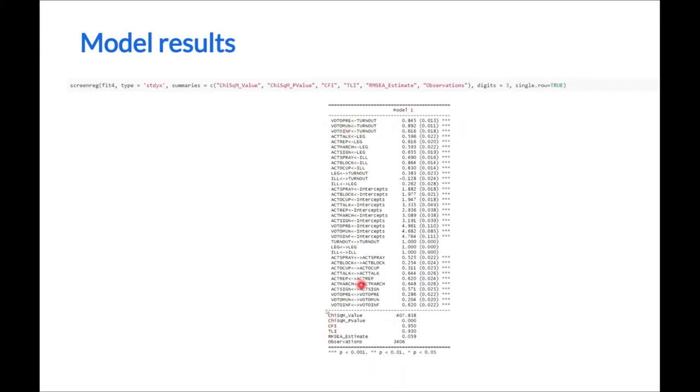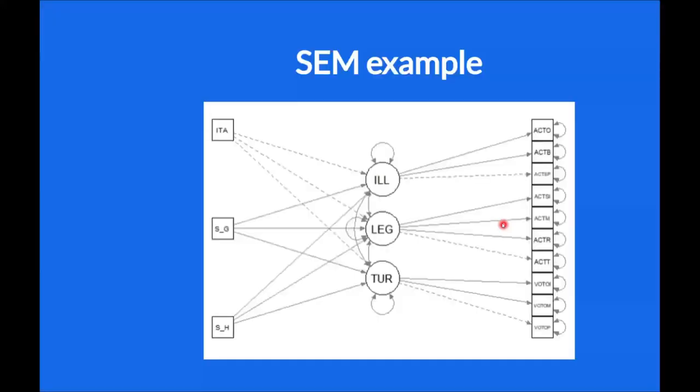Here, for example, we have the fit indexes information, the observations, the fit indexes, chi-square, and here we will observe the factor loadings and the other information about the matrices. And just to say, we can use Mplus as a slave from R. The second example is just an improvement of the same model.